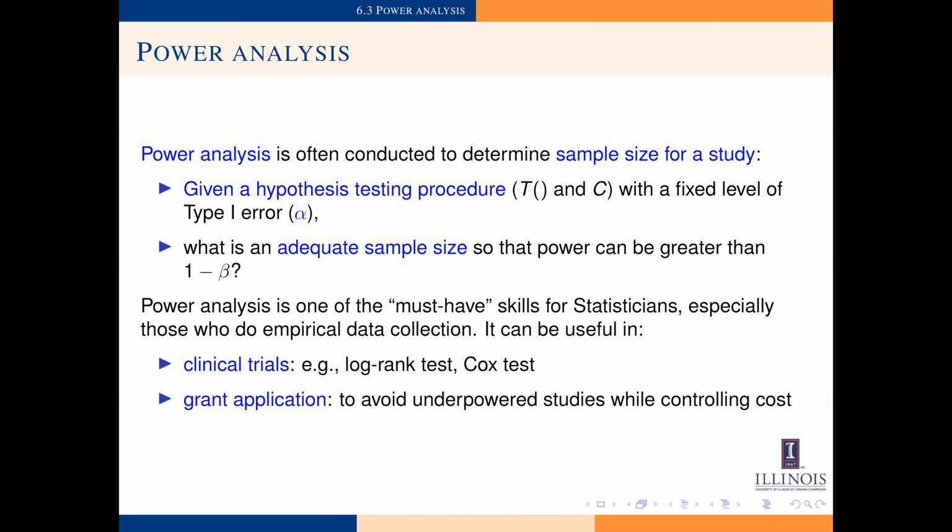When people review your grant application, they want to make sure that the sample size you're hoping to collect under this proposal is sufficient to avoid underpowered studies. In other words, the government will not be happy if they funded you $1 million and after 3 years you say, oh, the result is still indecisive because I probably didn't collect a sufficient sample size. So in these cases, power analysis can be really useful for determining an appropriate sample size.